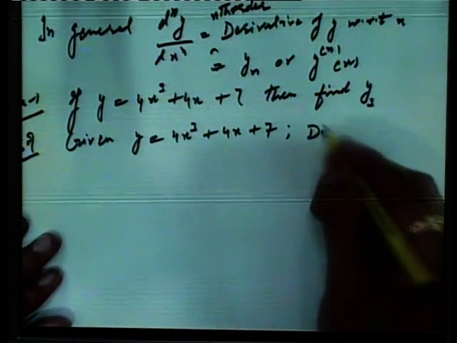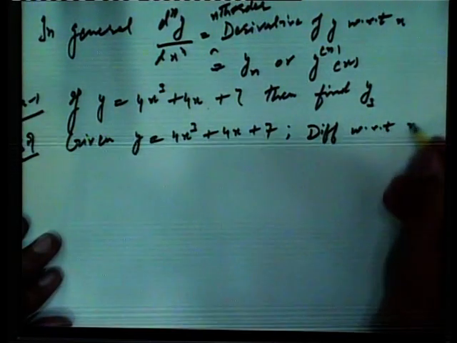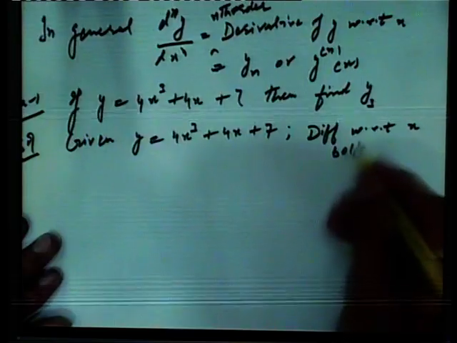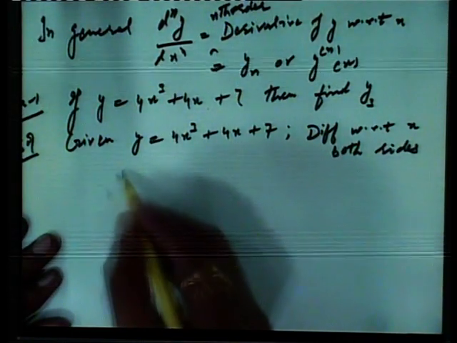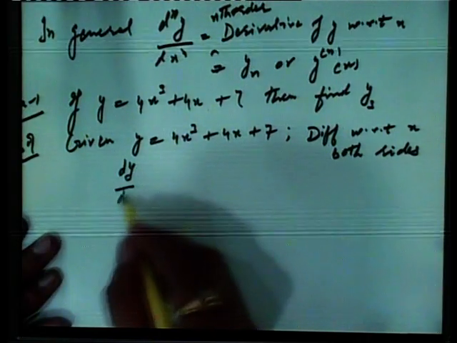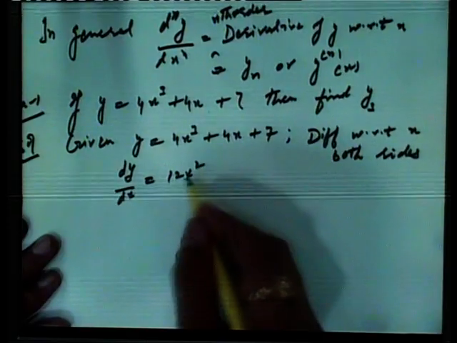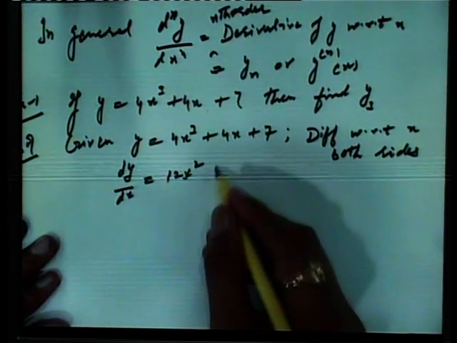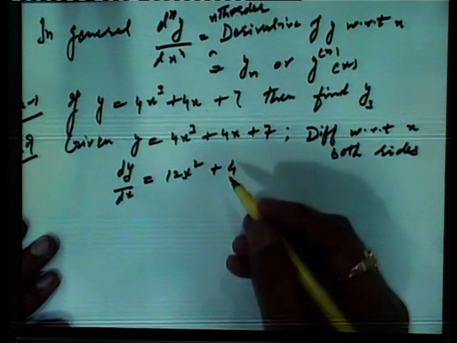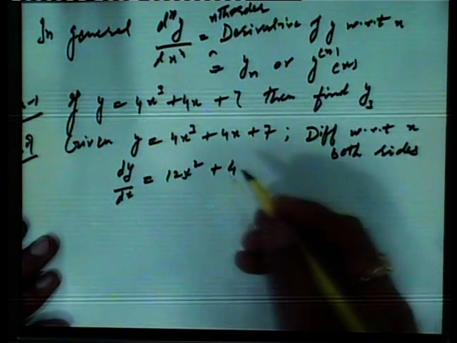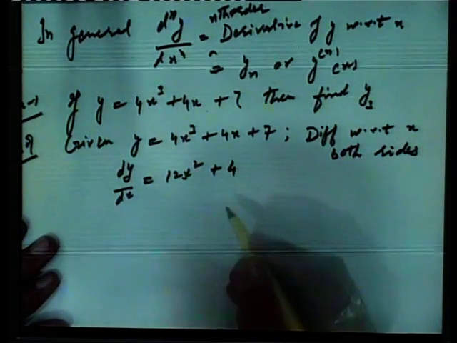differentiate with respect to x both sides. dy by dx is equal to 12x square plus 4, the differentiation of 4x is 4 and the differentiation of 7 is 0, because the differentiation of constant is 0.